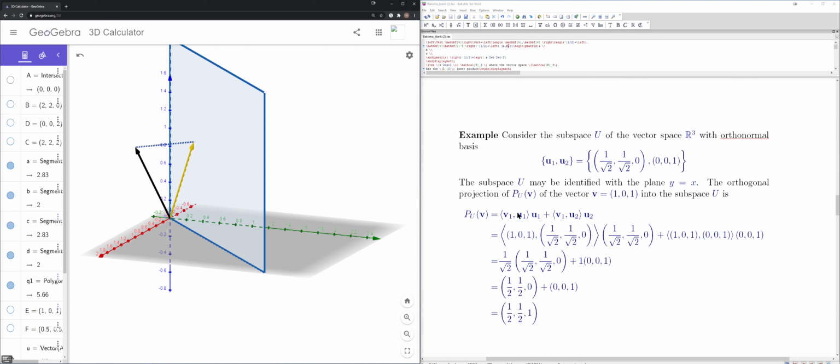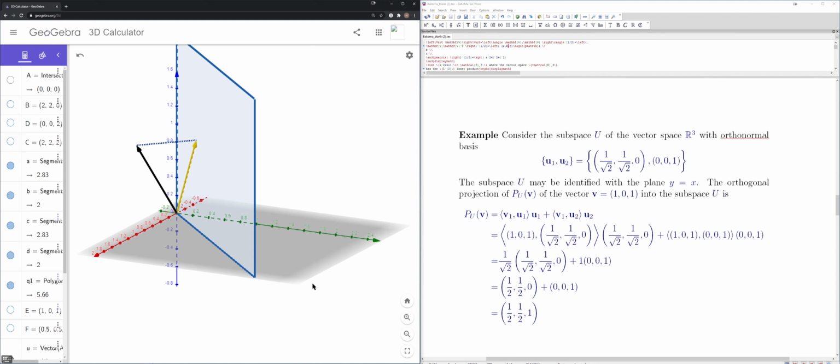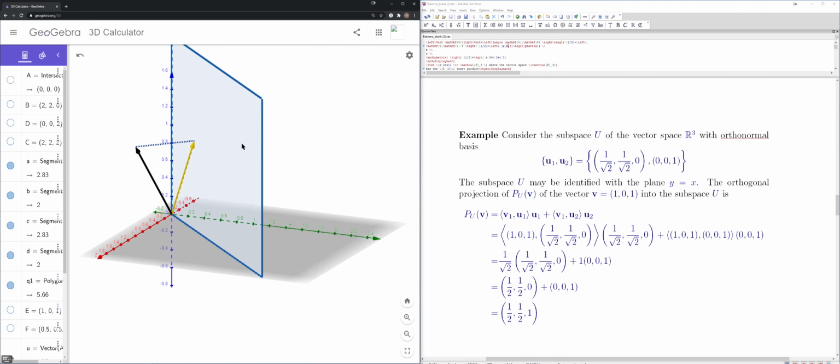The subspace U is this plane here, which you can identify with the plane y is equal to x.